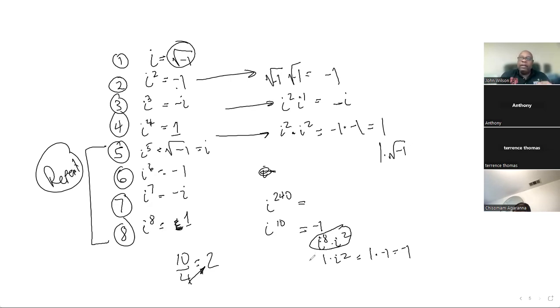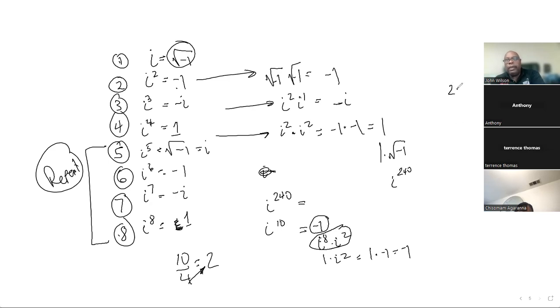You're going to get practice on this in school. So the answer is -1. Think about it this way. You get to 8, then you go down 2 levels and you got it. i squared.